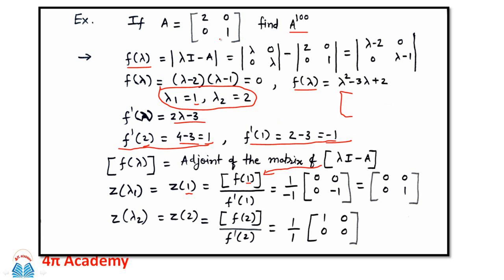For lambda as 1, it will become 1 minus 2, so 1 minus 2 is minus 1, 0, and 0, then 1 minus 1, that is 0. So this is our matrix lambda I minus A for the eigenvalue lambda equal to 1.